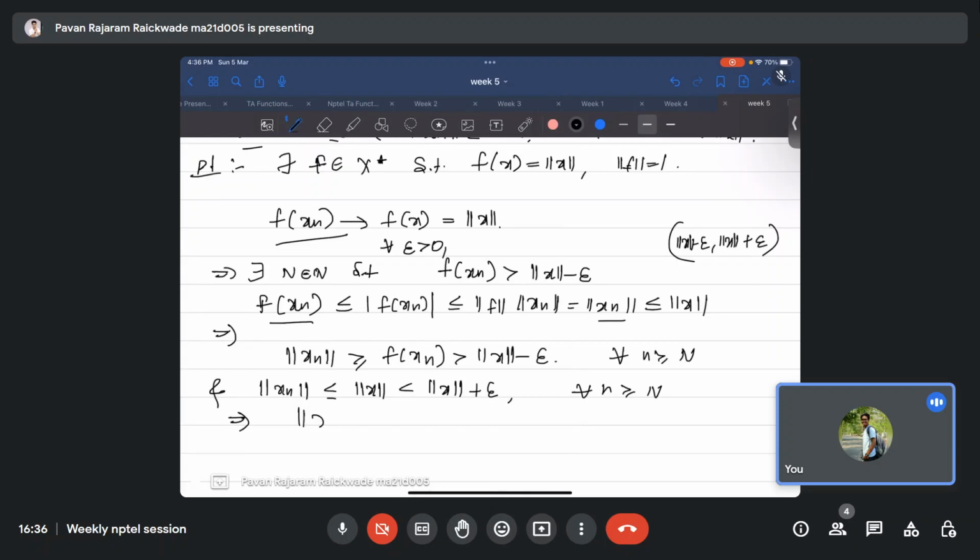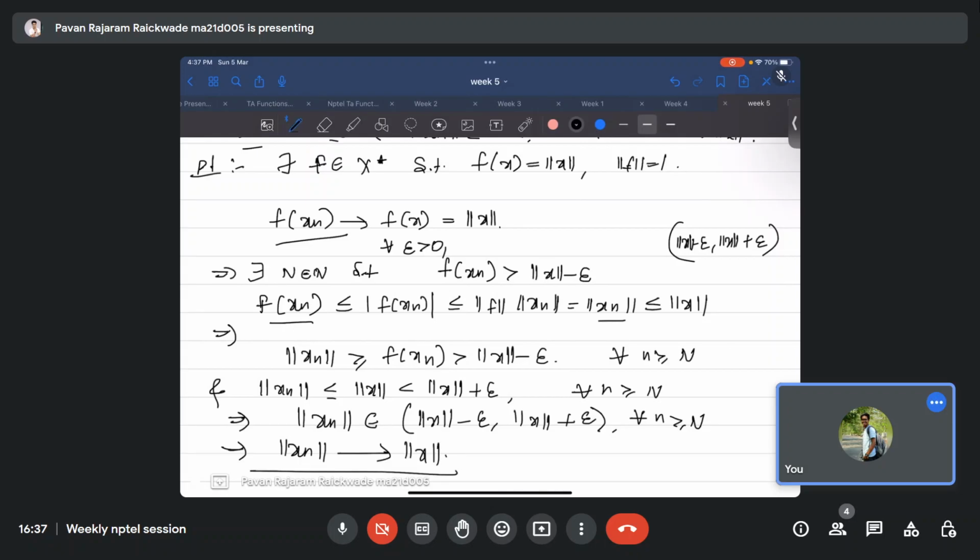This implies norm xn belongs to the epsilon ball around norm x, so this will prove that norm xn converges to norm x. So the second is true.